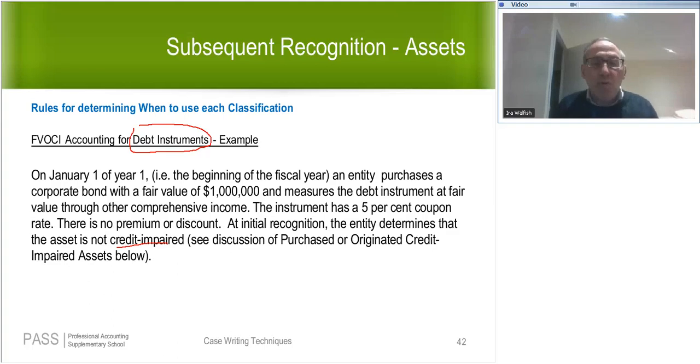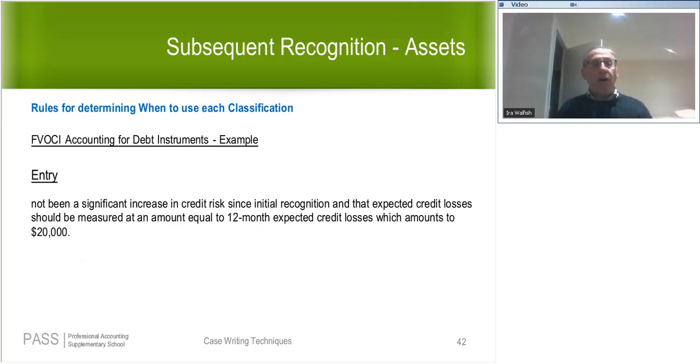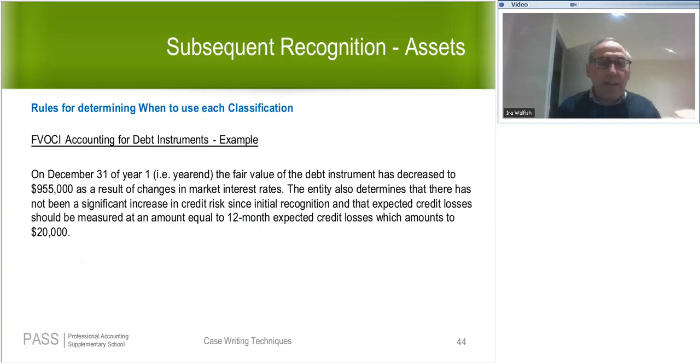On December 31st of year one, the end of year one, let's assume the fair value of the debt instrument decreased to $955,000. One of the reasons for the decrease was a change in market interest rates. If interest rates go up, the value of a bond will go down. The entity also determines that there's been a significant increase in the credit risk since initial recognition, and that there are expected credit losses that should be measured at an amount equal to the 12-month expected credit losses, which amount to $20,000.